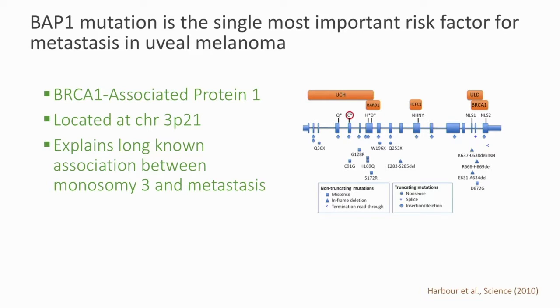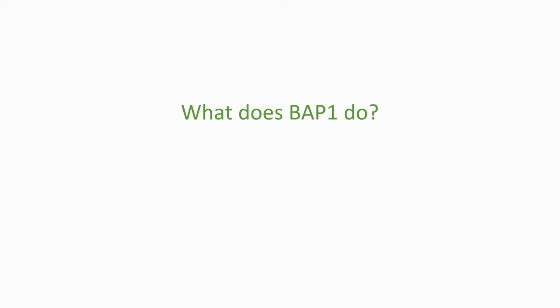What is BAP1? Well, it is a complex gene that does many things. It's located on chromosome 3, and this accounts for the long-known association of monosomy 3 with poor outcome in uveal melanoma. But what does BAP1 actually do?